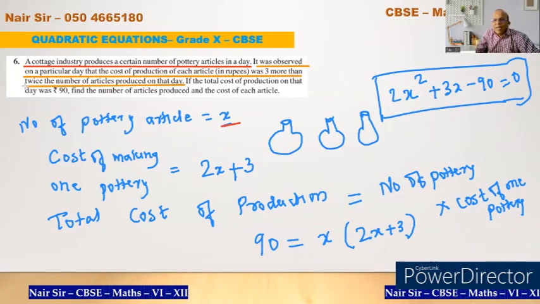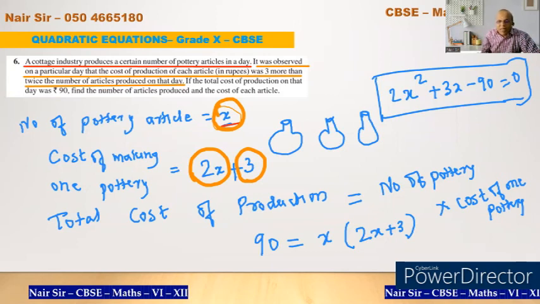How many articles am I producing? I am producing X articles. Twice X plus 3. I've got this equation.